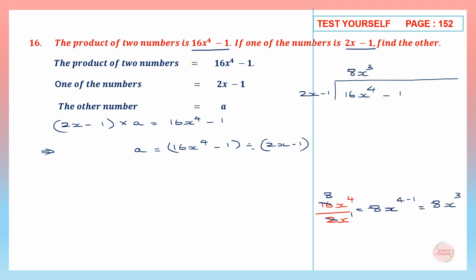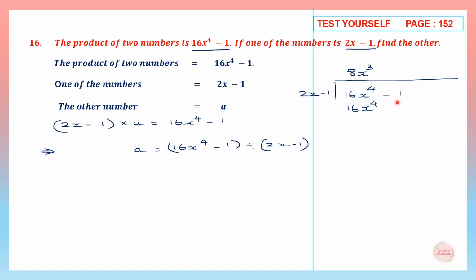After you do that, we have to multiply this with every term here. So let's multiply 8x to the power of 3 into 2x. 8 into 2 is 16, so let's write 16. x to the power of 3 into x is x to the power of 4. Then we have 8x cube into minus 1, which is minus 8x cube.